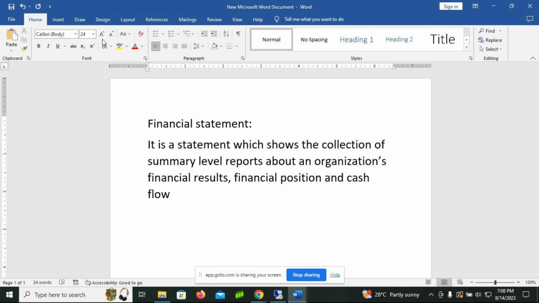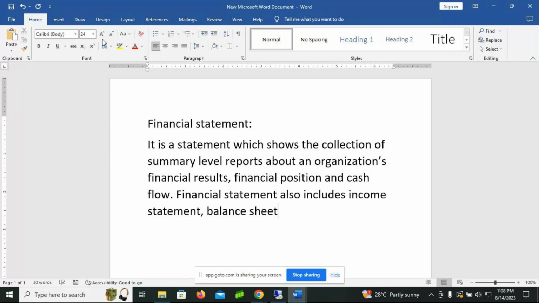The financial statements include the income statement, balance sheet, and statement of cash flow. So what is this income statement?